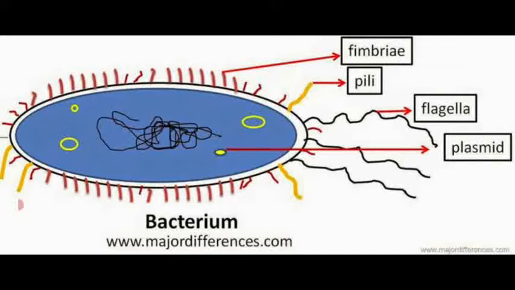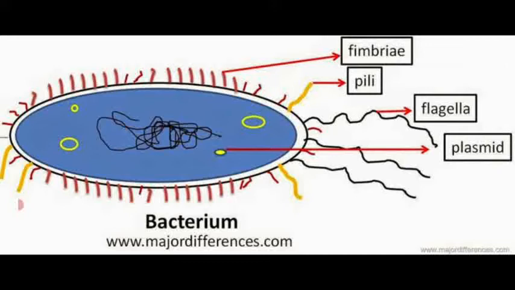Fimbriae is otherwise named as pili only, but fimbriae are the minute hair-like structures present around the body surface of the bacteria, which is reddish brown in color in the picture. But some fimbriae which are larger than the fimbriae are named as pili, which are responsible for reproduction. They are named as sex pili or pili.